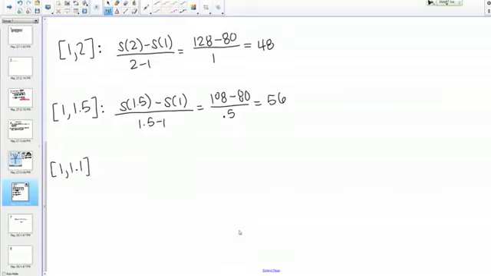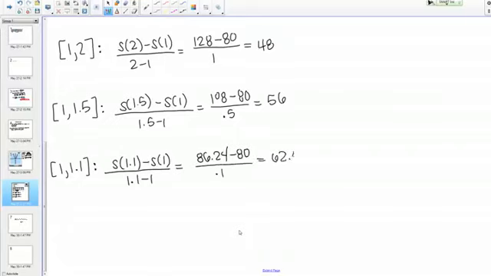Notice these time intervals are getting smaller and smaller and tighter around 1, which is the point we're interested in. So s of 1.1 minus s of 1 over 1.1 minus 1. That gives us 86.24 minus 80 over 0.1, which equals 62.4.